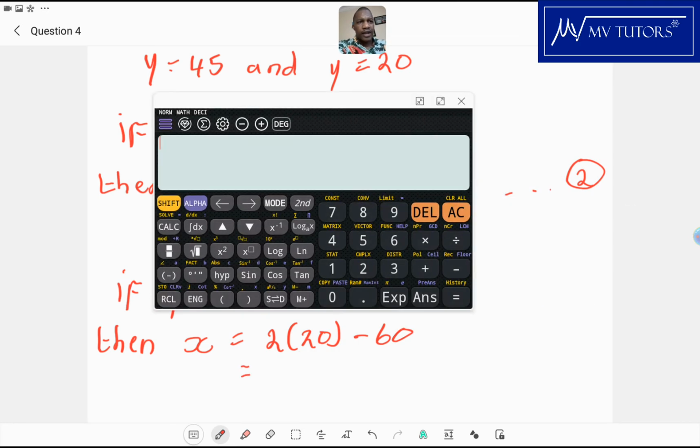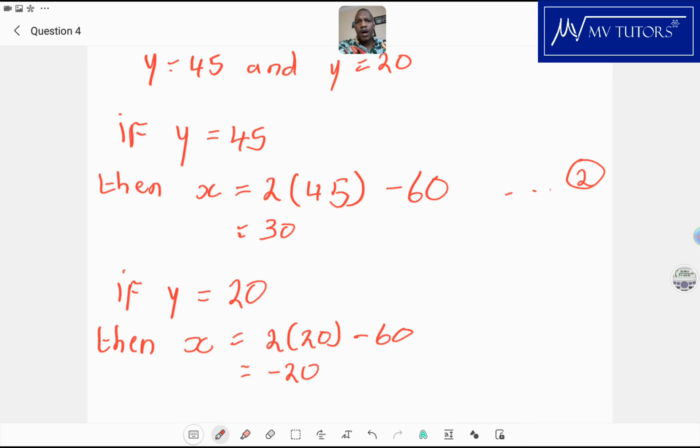Let's quickly put that in the calculator. We have 2 times 20 minus 60, which gives us minus 20. Okay, so those are our two final answers. You can leave it there. You'll get your full marks. You can just underline to show that you are done. This is where you'll find our answers.